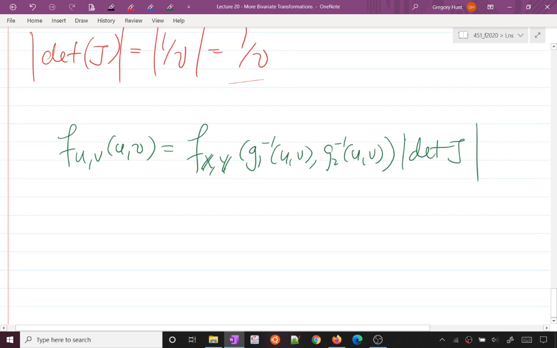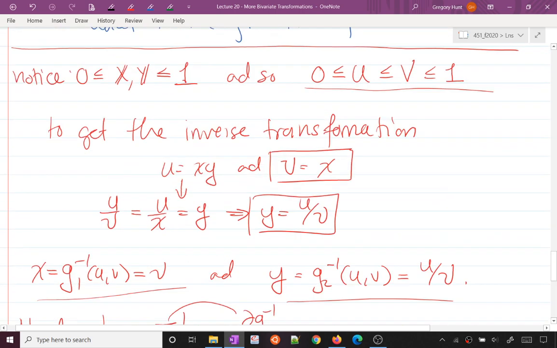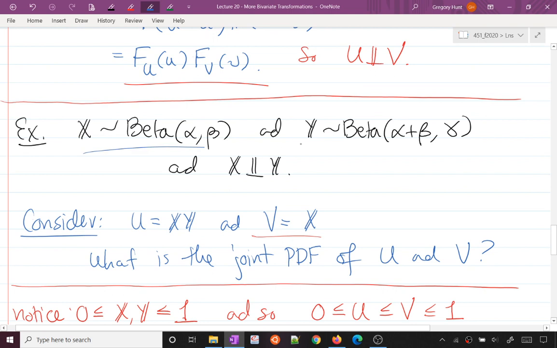So what I need here, what ultimately we're going to plug in, is this joint distribution of x and y. So let's scroll back up real quick. We said x is beta alpha, beta, and y is beta alpha plus beta, gamma.